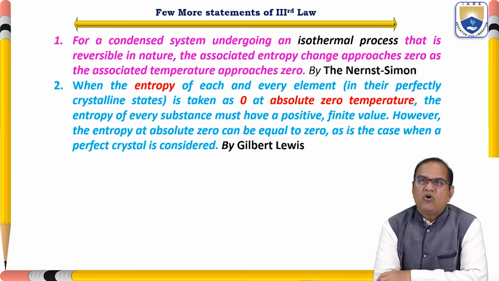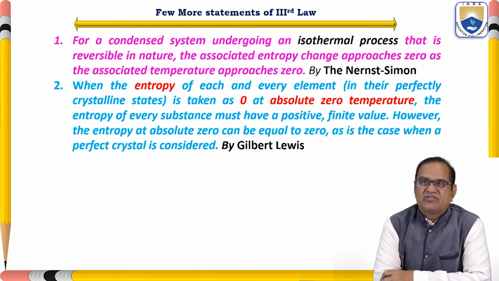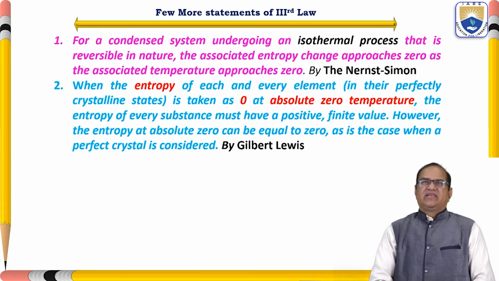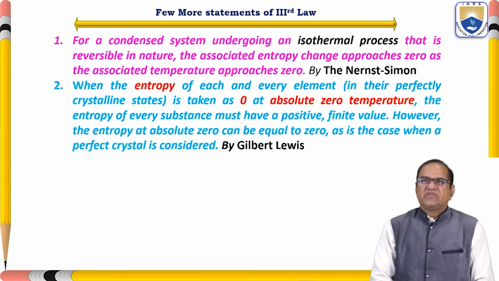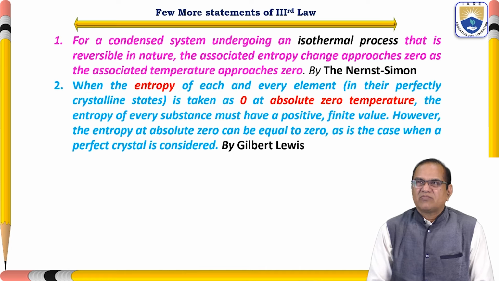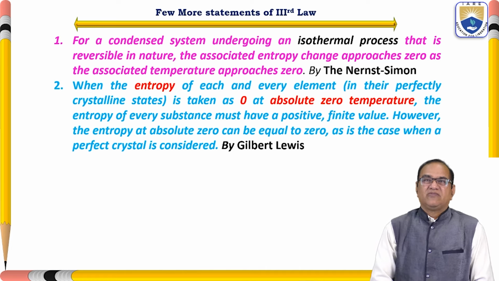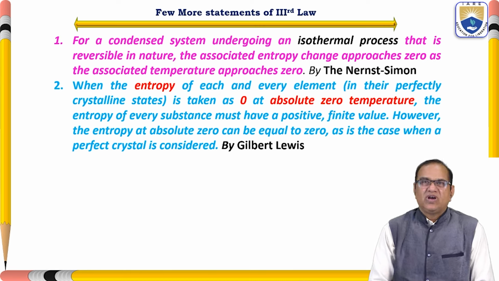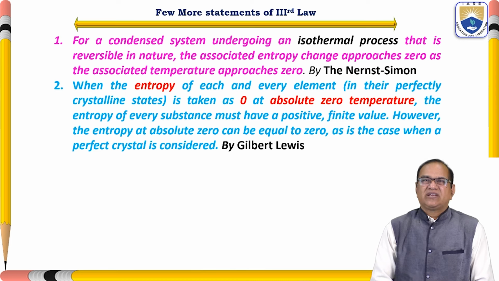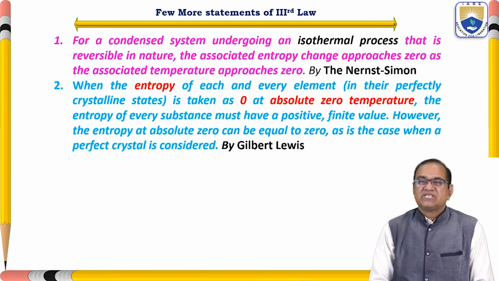So a few more statements of the third law of thermodynamics, which I am depicting here. For a condensed system undergoing an isothermal process that is reversible in nature, the associated entropy change approaches zero as the associated temperature approaches zero.